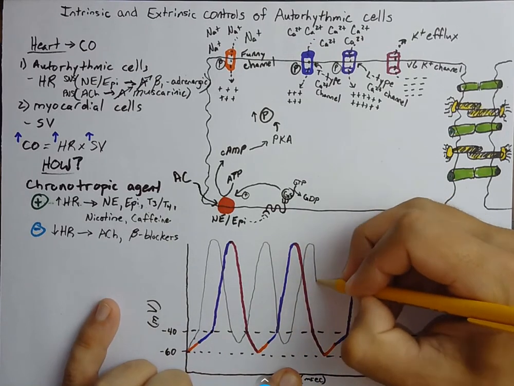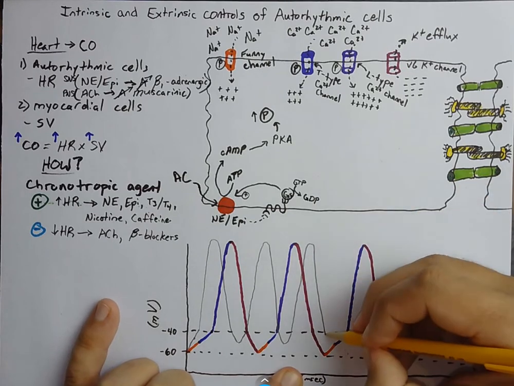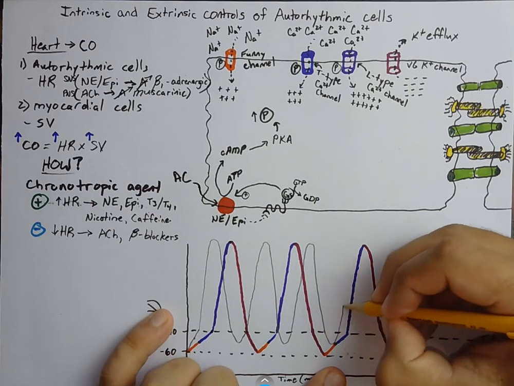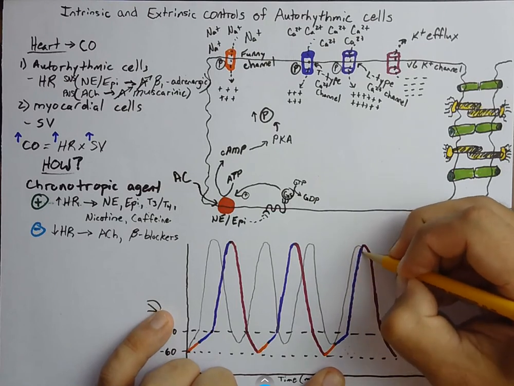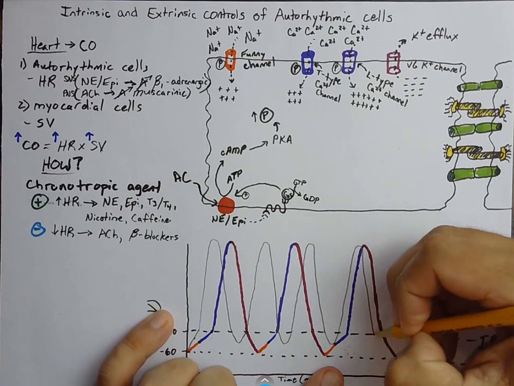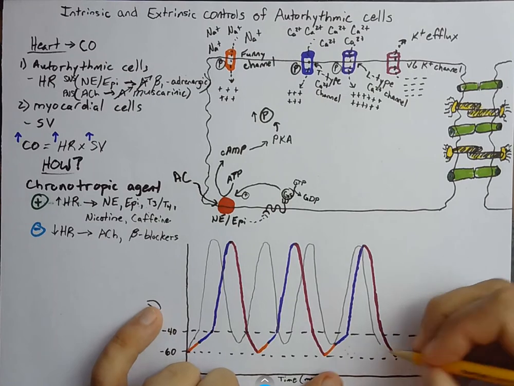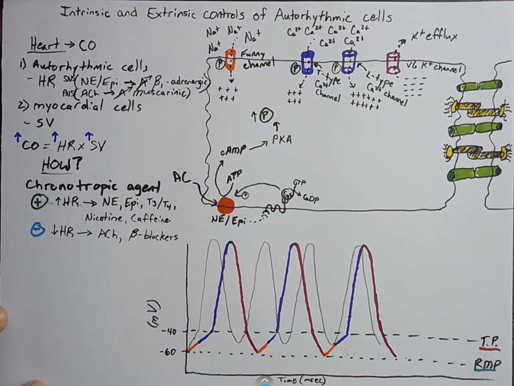So what just happened to the heart rate? The heart rate just increased by quite a large amount. So instead of 3 beats occurring in this period of time, we now have 4 beats occurring in this period of time.